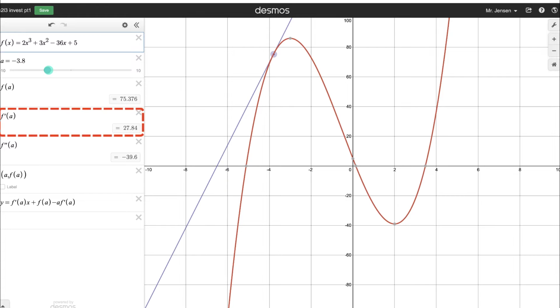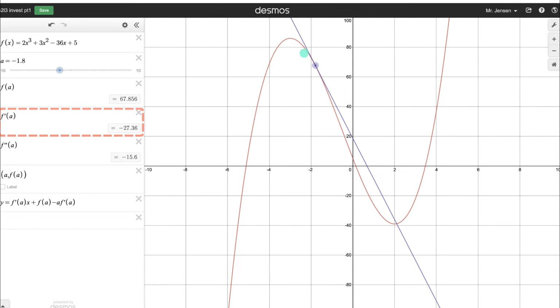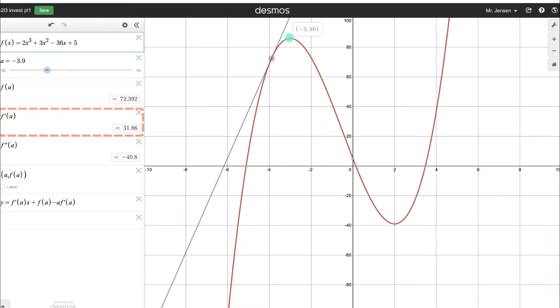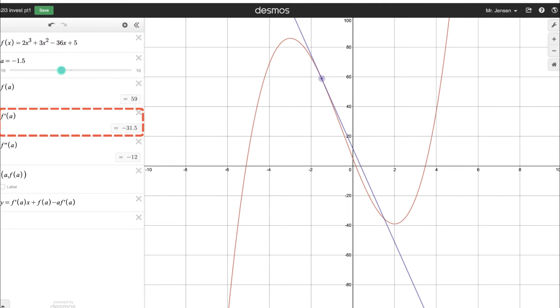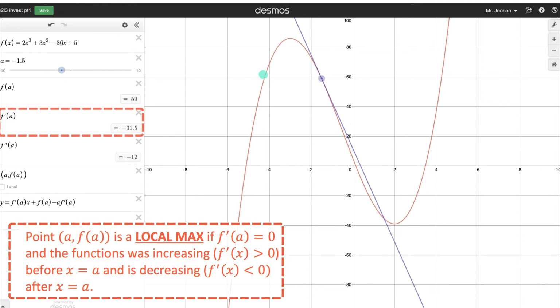And then after the x value of negative 3, notice that the function is decreasing, and I can tell that from the negative value of the derivative. So we'll test the value of the derivative before the critical number and after the critical number, and see that it changes from positive to negative, meaning the function switches from increasing to decreasing, which means there must be a local max at that point.